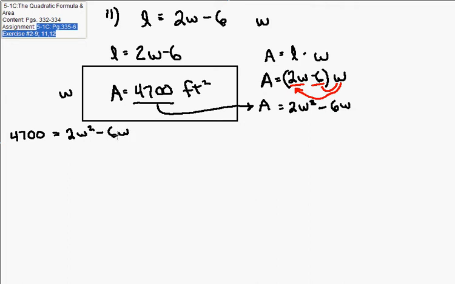In order to use the quadratic formula, we need to make a quadratic equation where one side of the equal sign has 0. So we'll subtract 4,700 from the left side of the equation. And to keep equations balanced, whatever we do to one side of the equation, we need to also perform the same operation on the other side. So we'll subtract 4,700 from the right side as well.